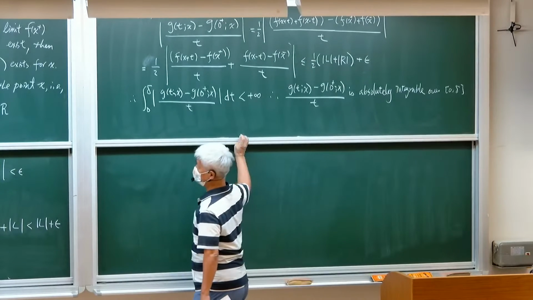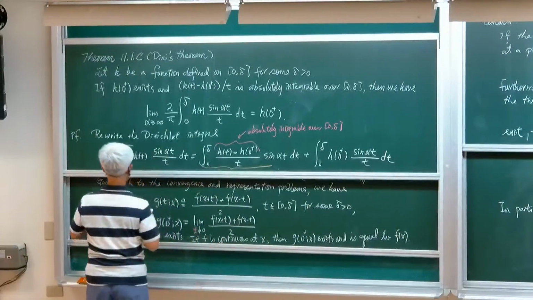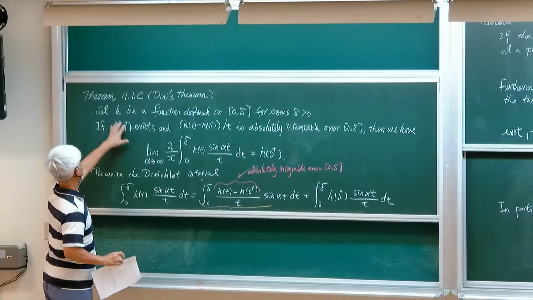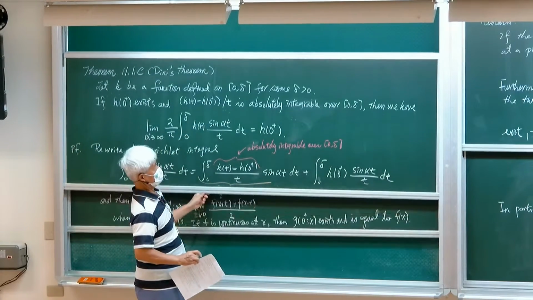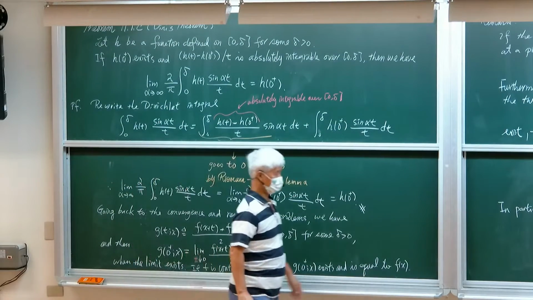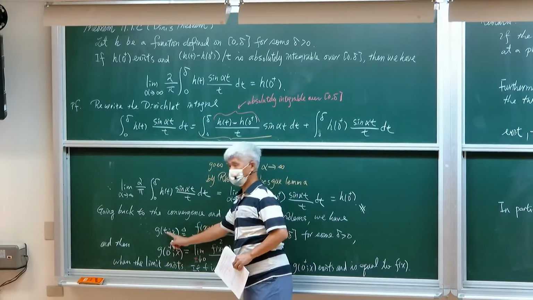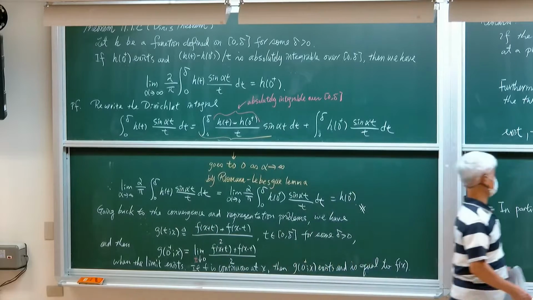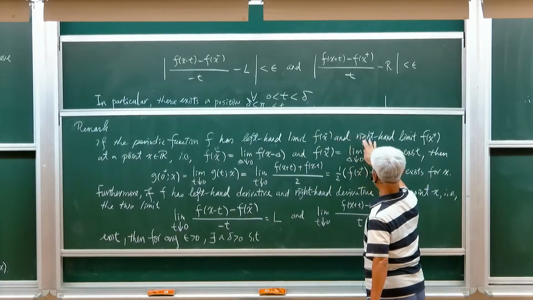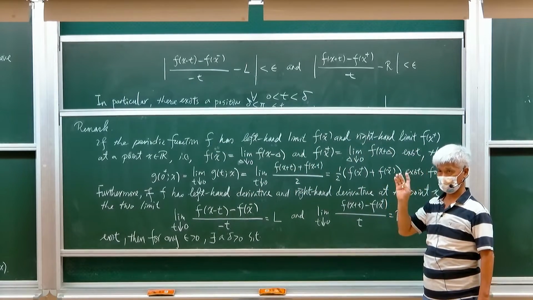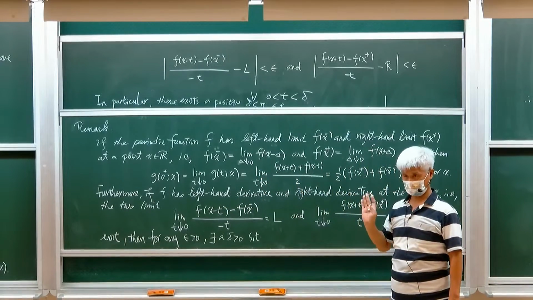Okay, so now you can see that the premises stated in Dini's theorem, this one and this one, can be fulfilled for the G function when the periodic function f has a left-hand limit and a right-hand limit at the point x, and has a left-hand derivative and a right-hand derivative at the same point x.